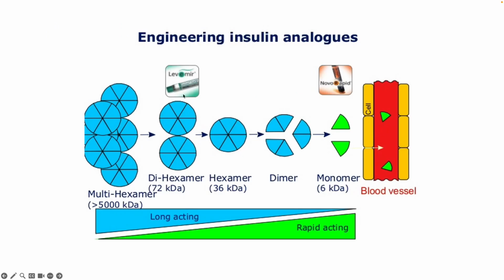Large globs of hexameric insulin all compacted together first need to dissolve into solution, into monomers, before they can have an action. So what we'll find is that rapid-acting, or ultra-short-acting, insulins tend to be in a monomer or even a dimer form, and longer-acting insulins tend to be engineered as multi-hexamer components to form depot preparations when administered subcutaneously.